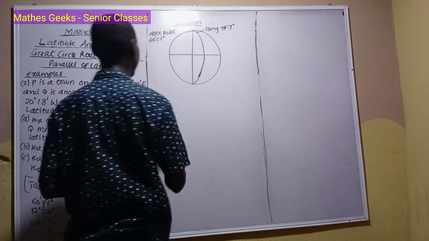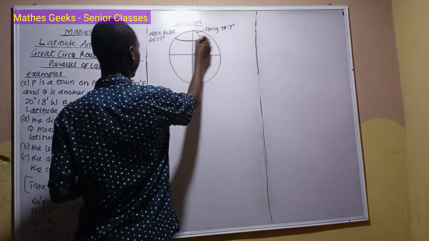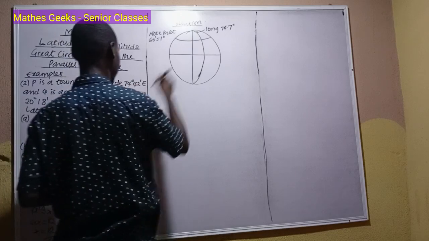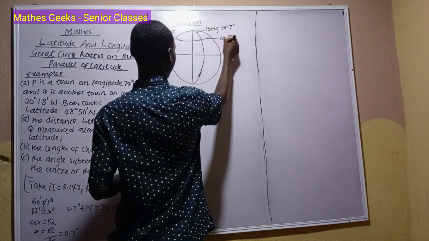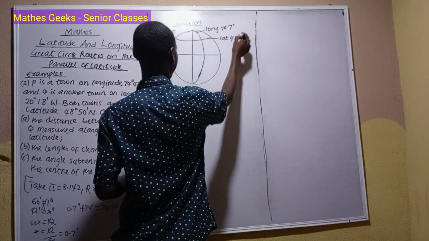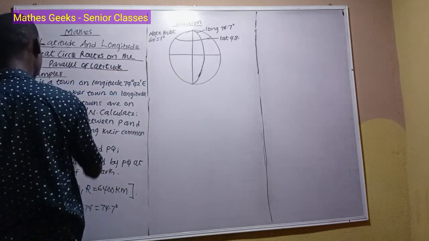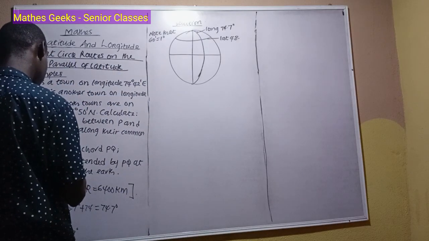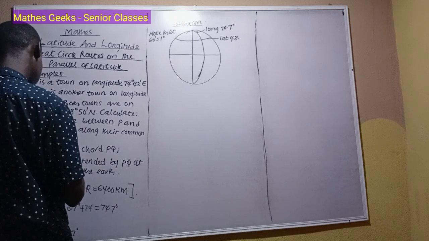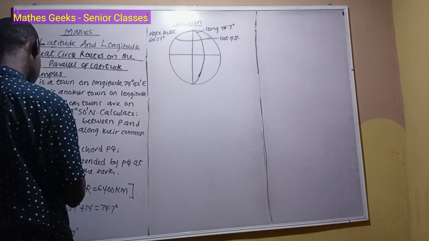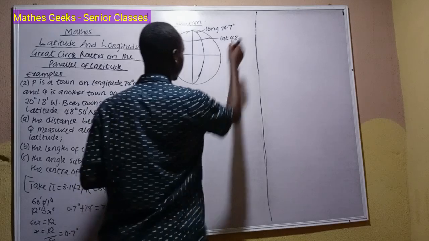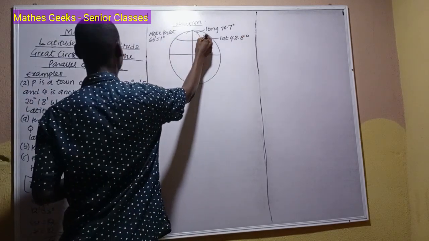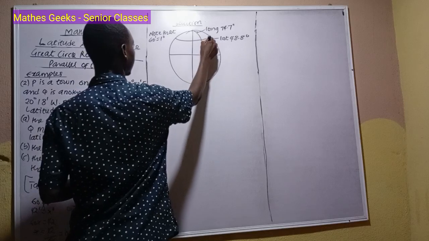Next one is latitude 48 point something. 50 divided by 60 is 0.8, so 48.8 degrees. So this is point P.